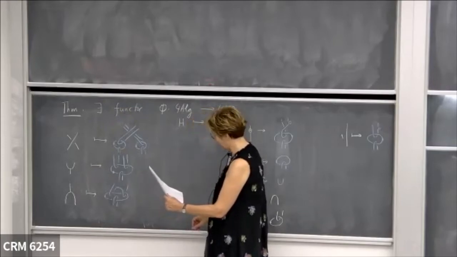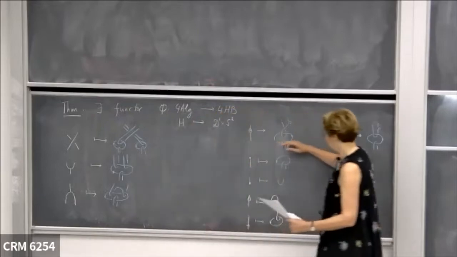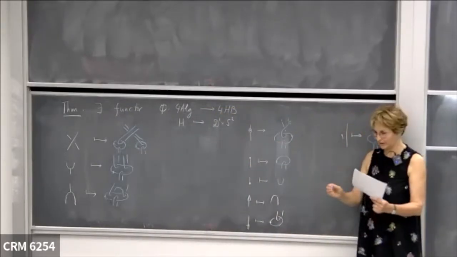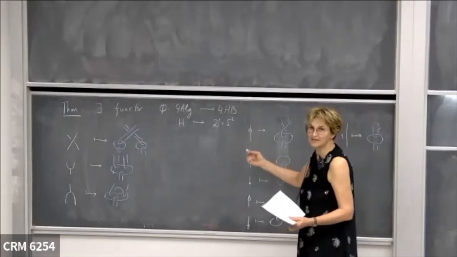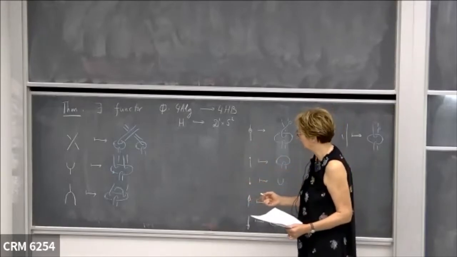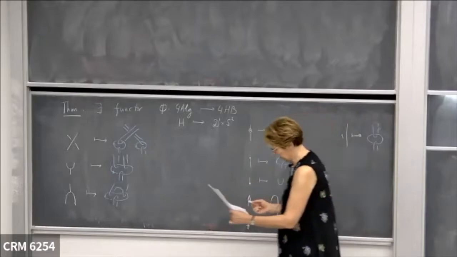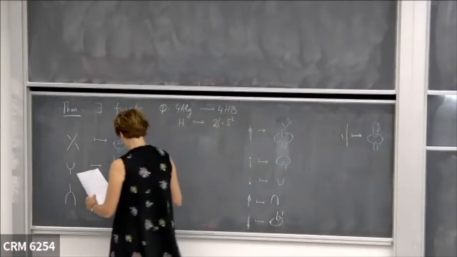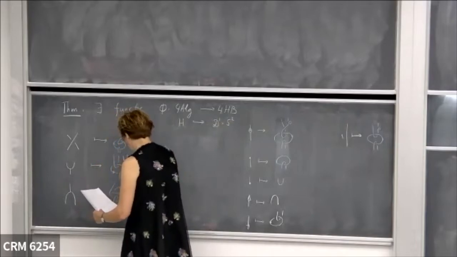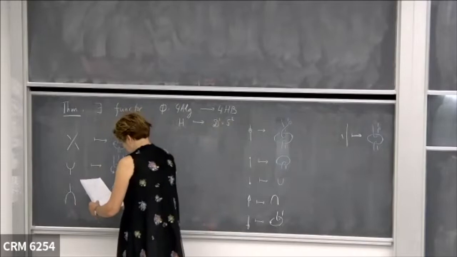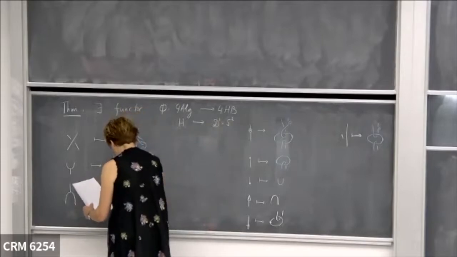Okay. This is the antipode. Let me recall what was red. I basically have just two colors. It should be two one-handles exactly. Thank you. So it should be like this.